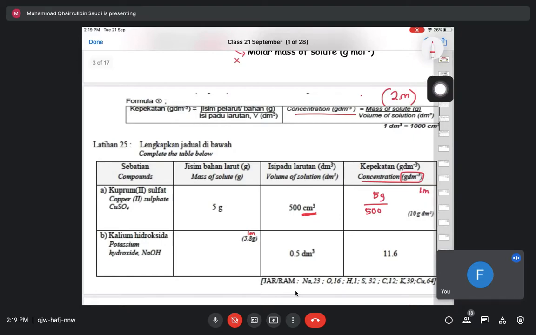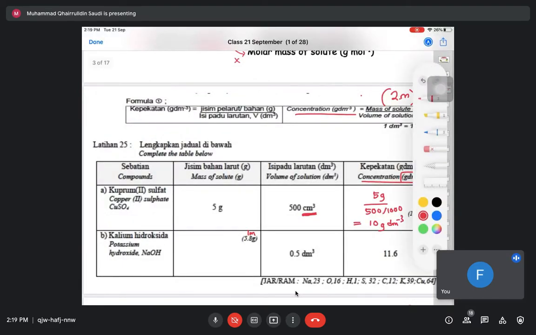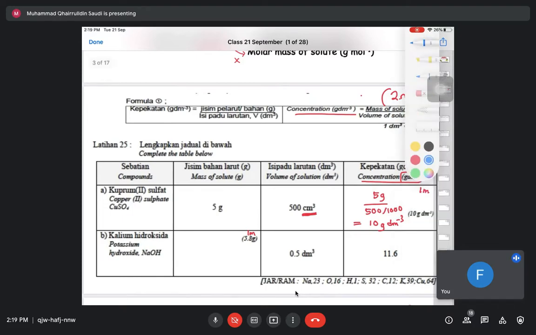So you divide it by 1000 and you will get 10 gram per dm cube. Let's say you write down your answer, but you just write down 10. No marks. It must be 10 gram per dm cube with the correct unit, then only you will get 1 mark. If your answer is not complete, you will not get any mark, although the number is correct.